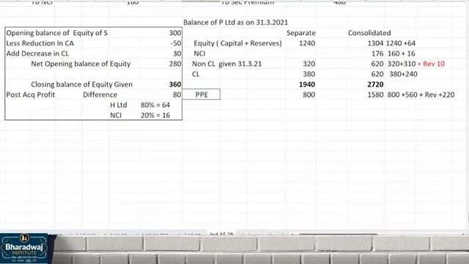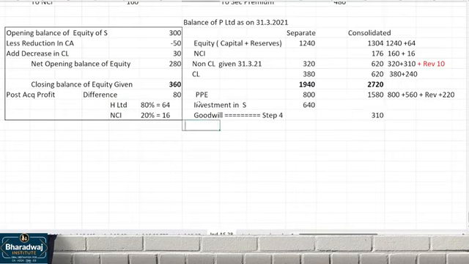Plant property equipment. Next, investment will come. Investment in subsidiary company will come only in the separate balance sheet. How much did we invest? 640 will come. Then goodwill, which we worked out in step 4, will continue as it is. How much have we done in the consolidated balance sheet? 310.